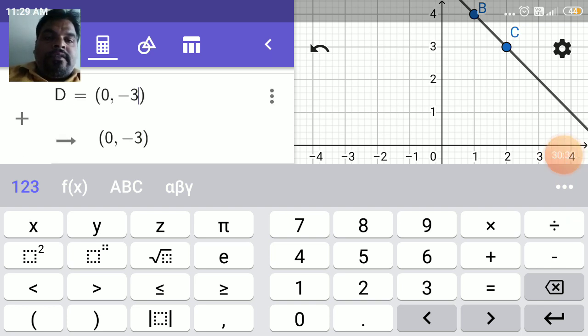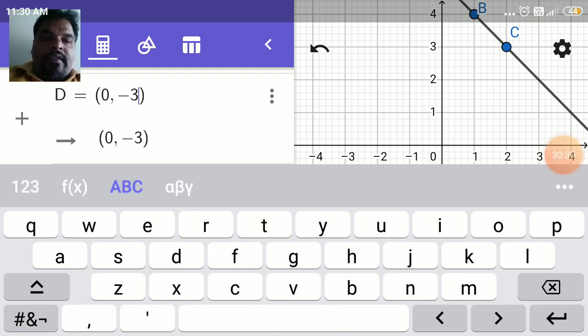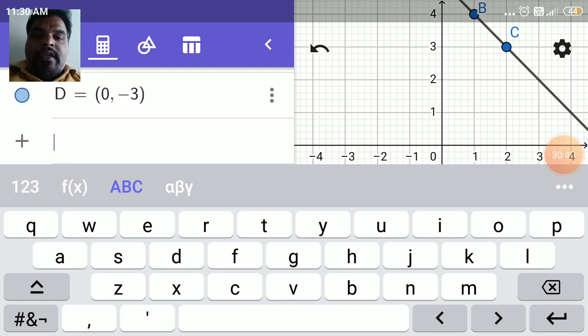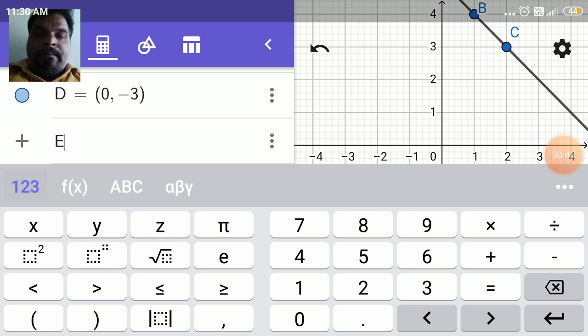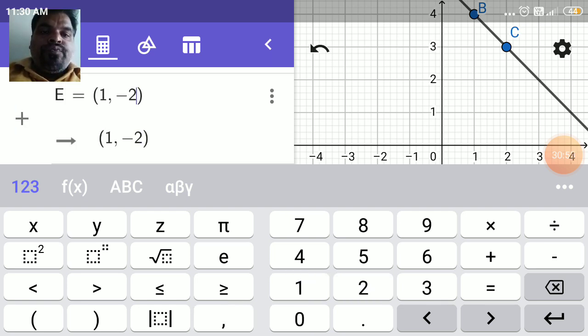Then the second solution of the second equation, the point is E. The coordinates of this point are 1 comma minus 2.